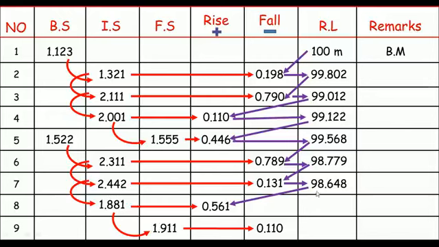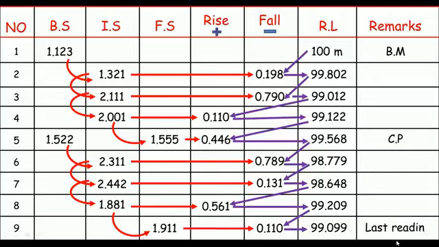Here again we have the rise, so the old RL plus the rise will be of course 99.209. And again we have the fall, so 99.209 minus 0.110 is of course 99.099. Hey, I just forgot in the remarks the CP or the chain point, and this is just the last reading.